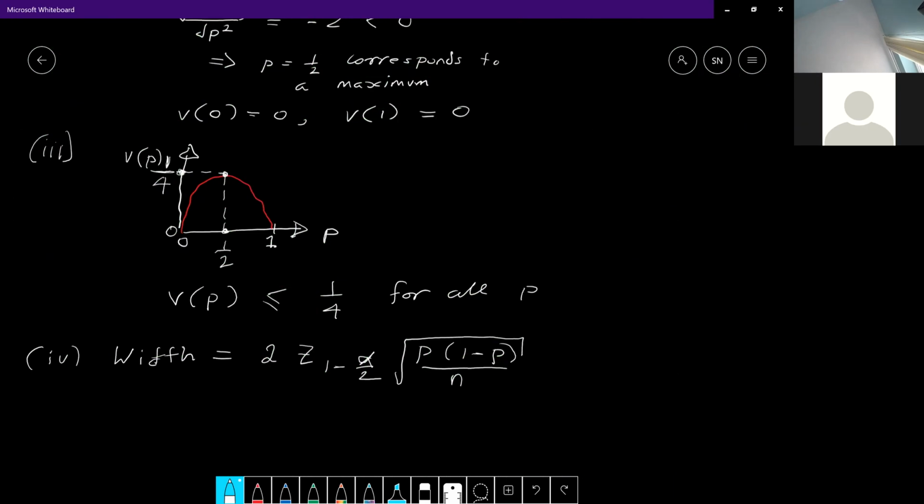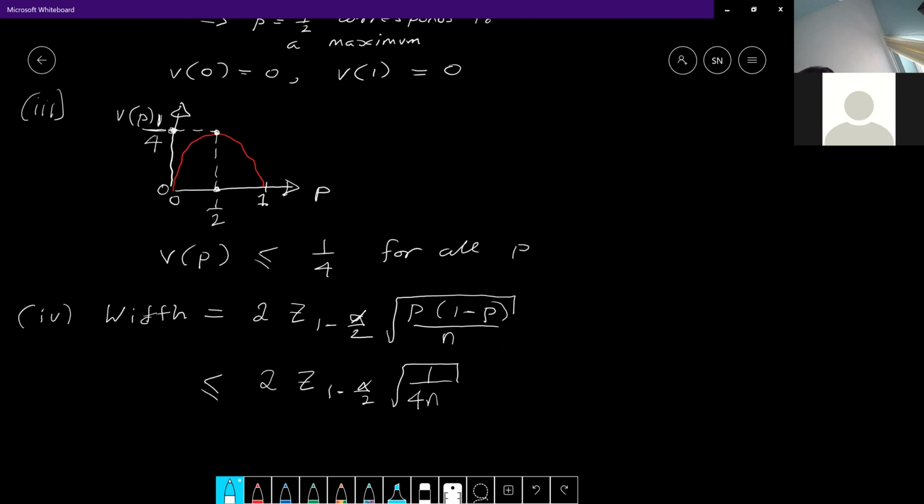Okay, and because p times 1 minus p has an upper bound of a quarter, this must be less than or equal to 2 times z 1 minus alpha by 2 times the square root of a quarter divided by n. Now the square root of 4 cancels with the 2.